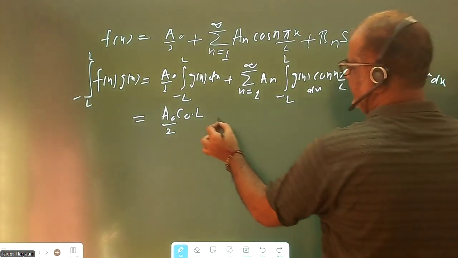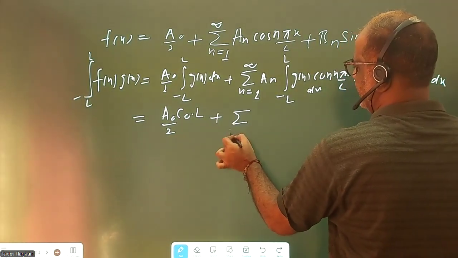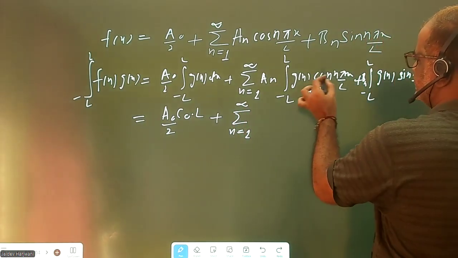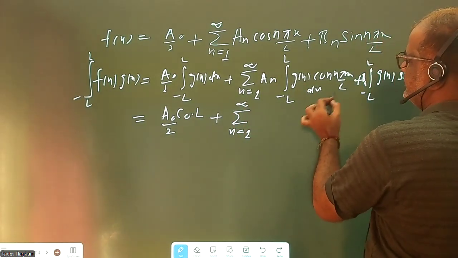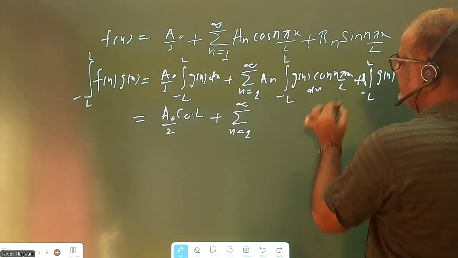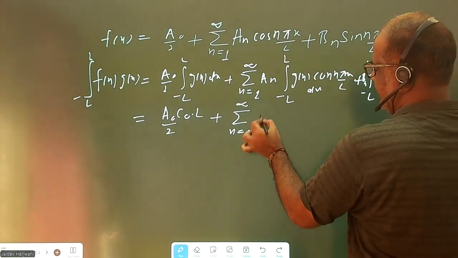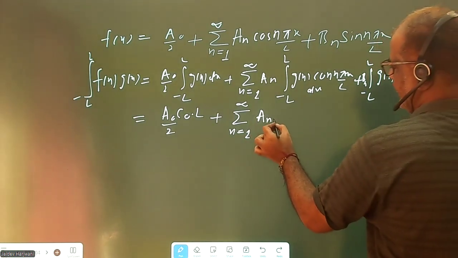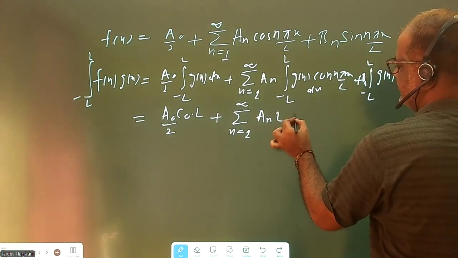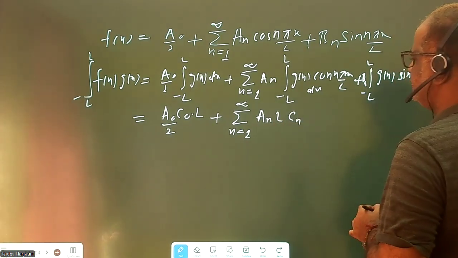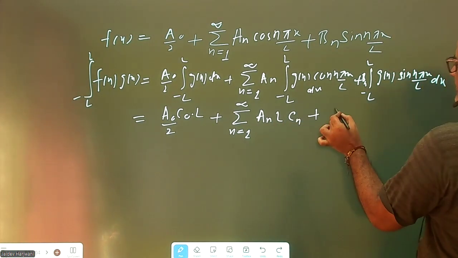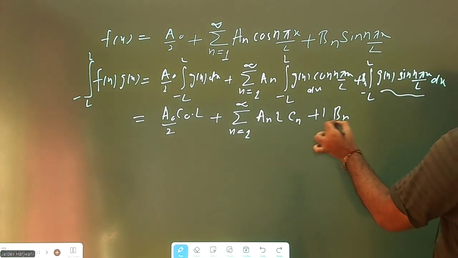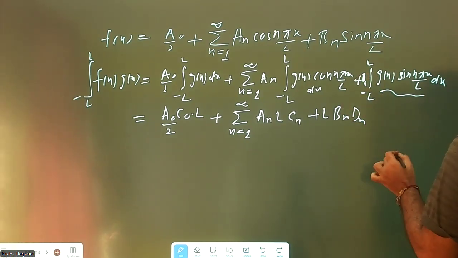Similarly, the integral in the sum is L into cn, and this one is L into dn. So 1 by L will be there.